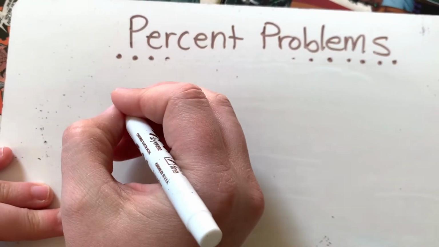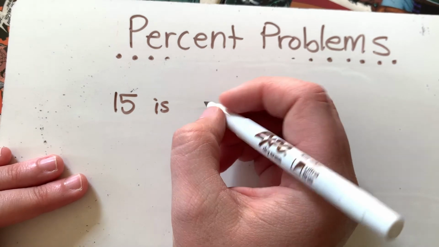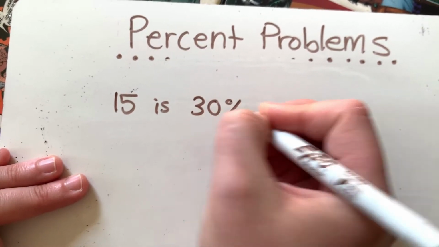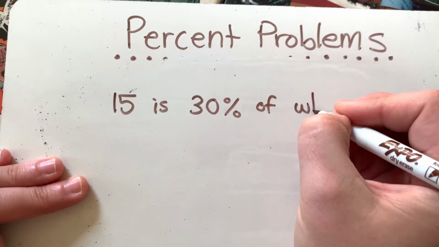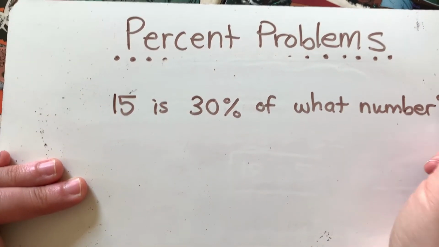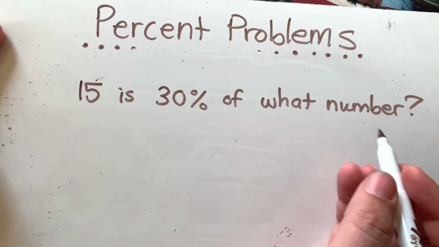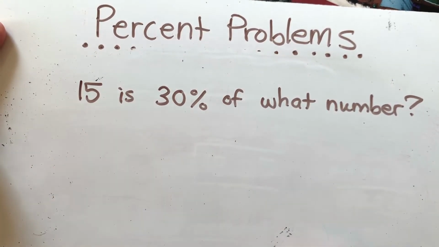And these percent problems look like this. So let's do 15 is 30% of what number? So you're given the part, you're given the percent, you just don't know what the whole is, like what 15 is out of how many.